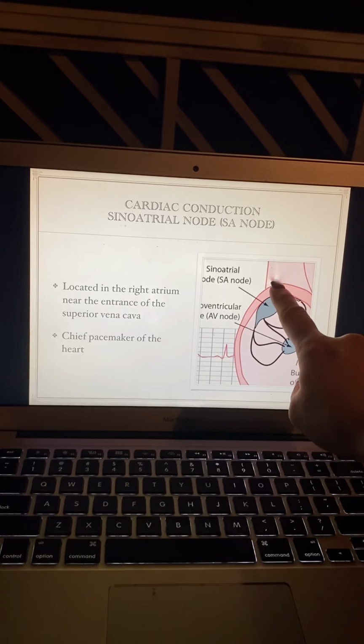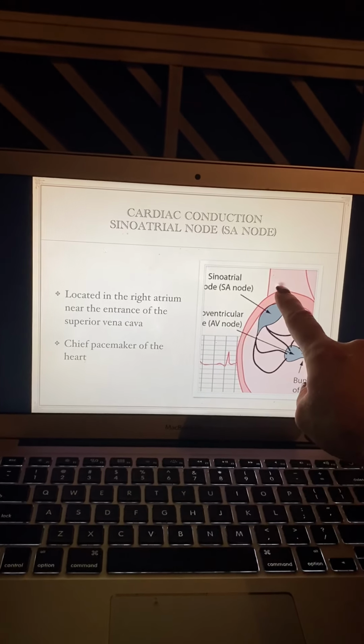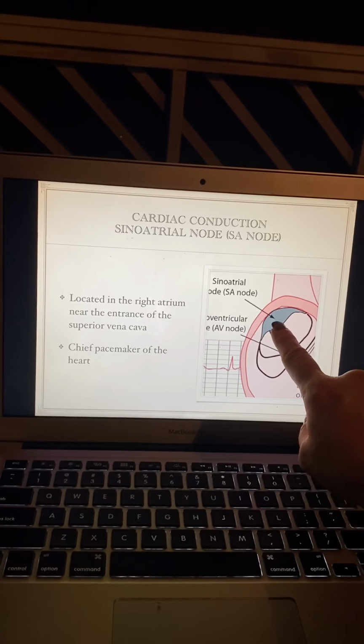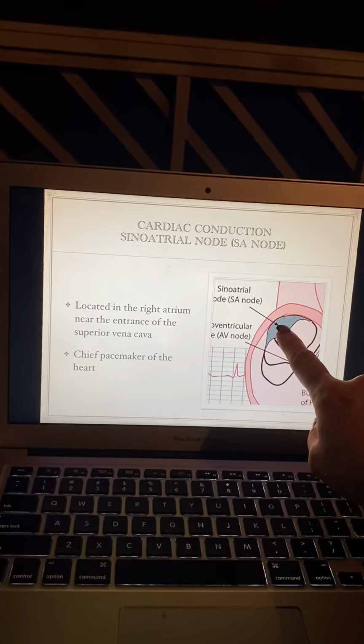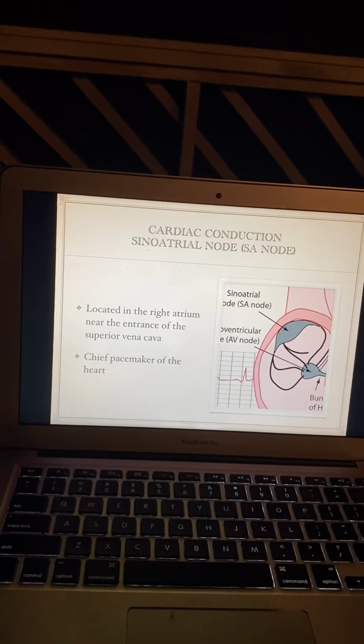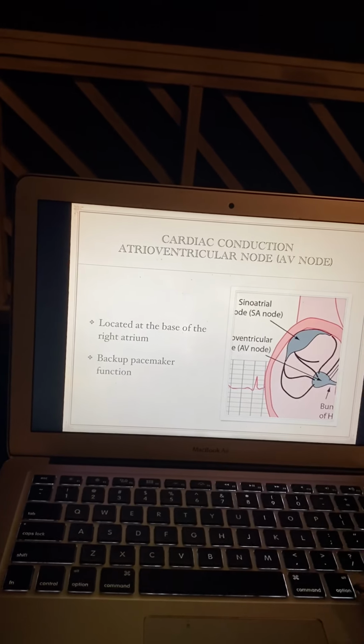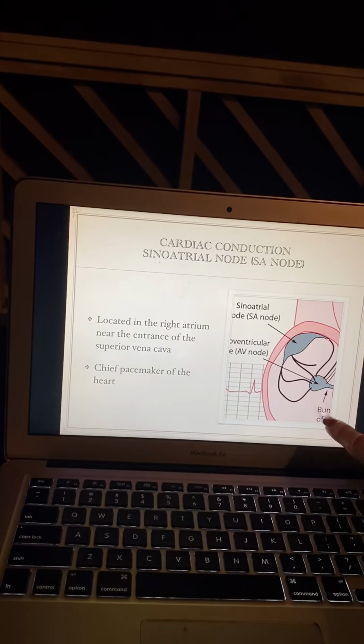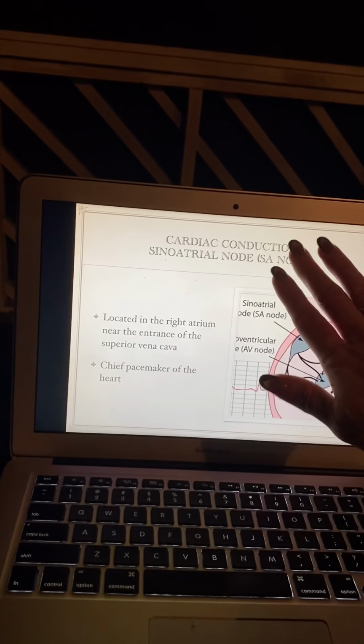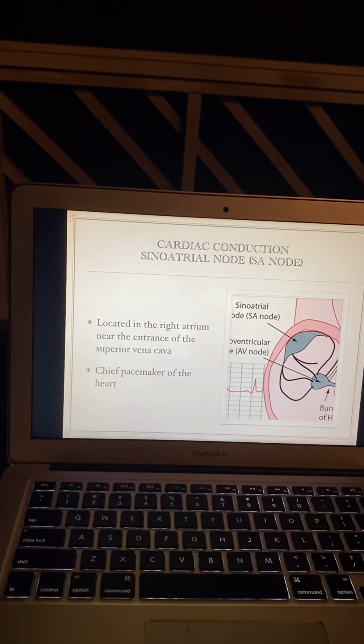We have your superior vena cava, and then right at that entrance you have the SA node. It's the chief pacemaker of the heart because it allows for the whole conduction system to go through the whole heart. So it starts at the top and then it goes all the way down to the bottom to the ventricles.